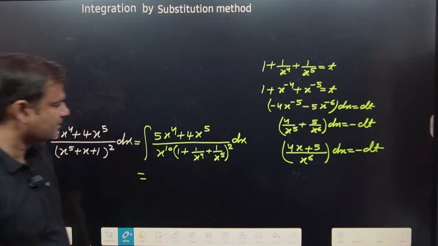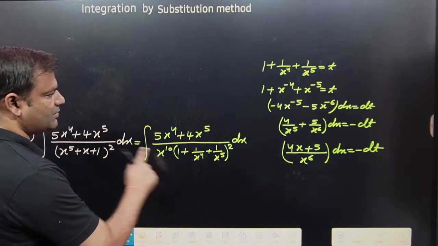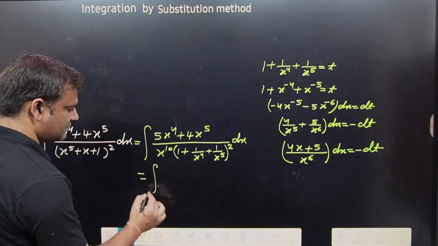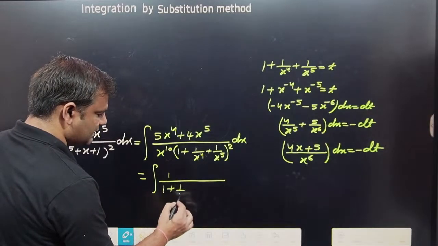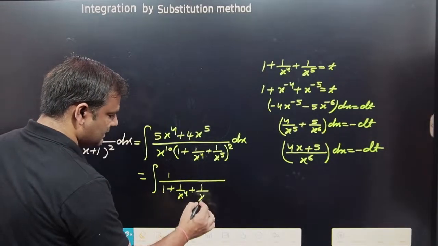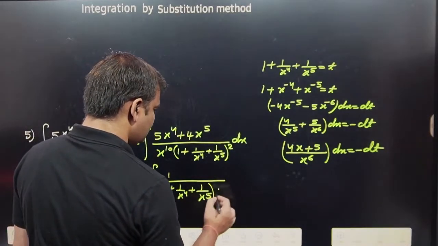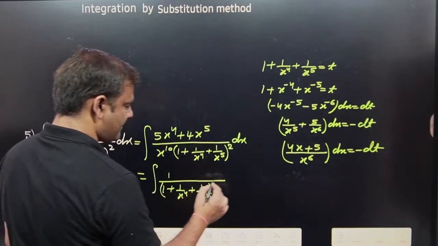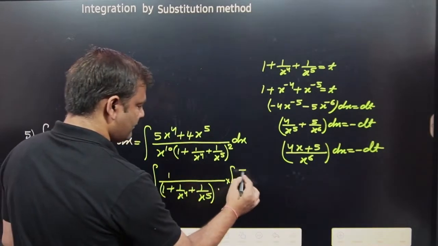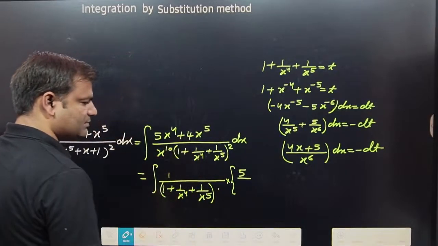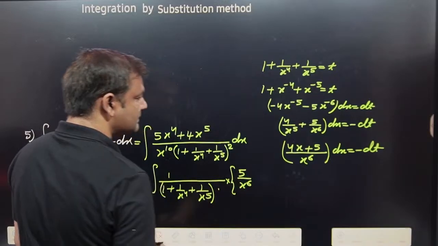So simply look, if x to power 10 divide, so simply written here 1 upon 1 plus 1 by x to power 4 plus 1 by x to power 5 into d into 5 divided by x to power 4 upon x to power 10, that is x to power 6.